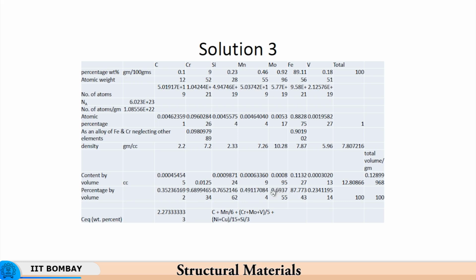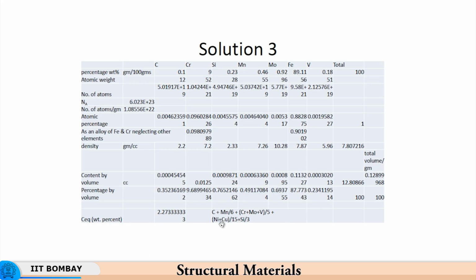So now you are getting different volume percentages, not atomic percentages. And for molybdenum you are getting 0.69 as the volume percent. For iron it is 87.77, so it is close to 88% by volume. So this way you get different percentages by volume of these elements.